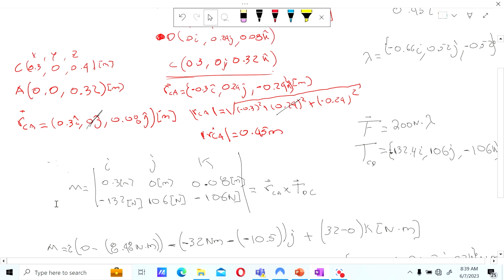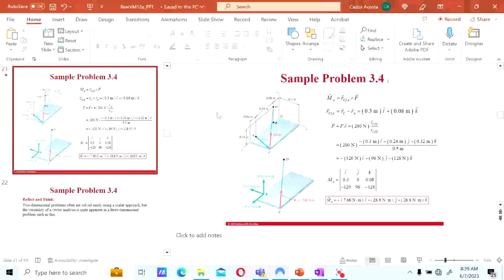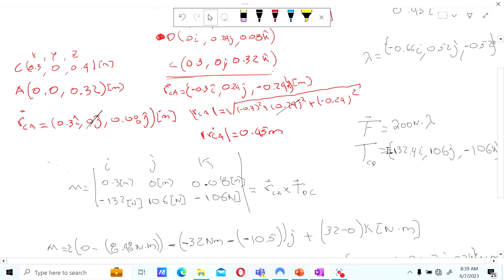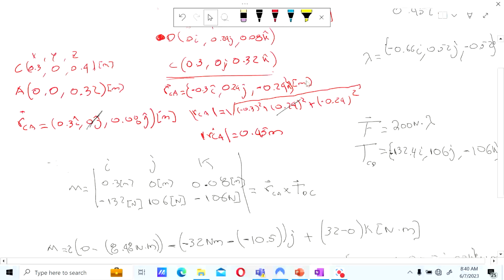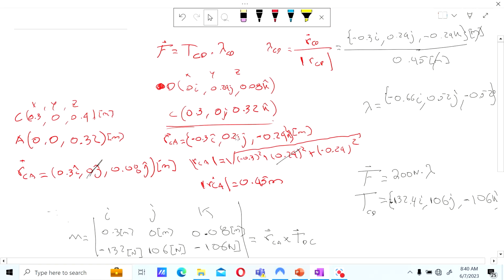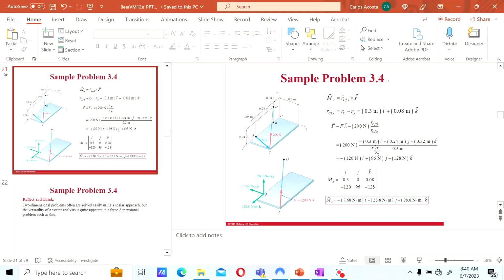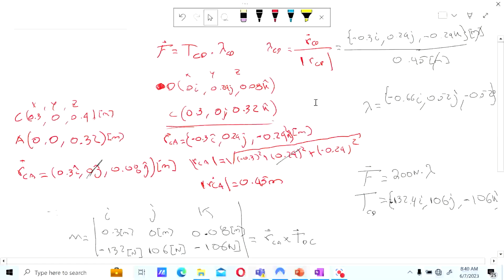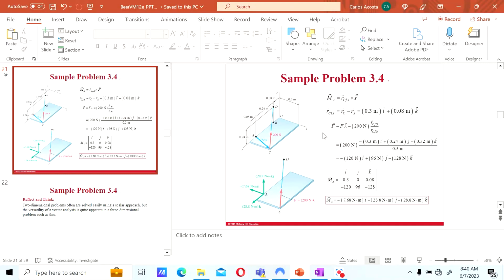No, that's true, we get that. This is RCA, and then the distance of the tension is CD, and CD for them gives them 0.3, 24. Oh, I see. Wait, what did we do wrong here? Why are we saying that it's 24 and 24? They say is 0.3, 0.24, and negative 0.32. And they're saying that that is RCD.